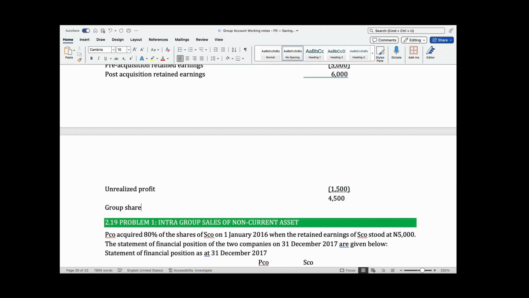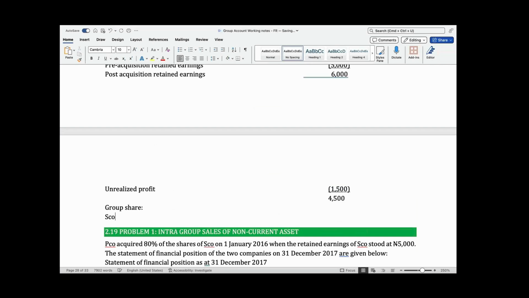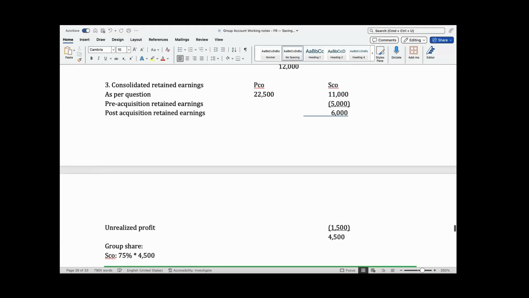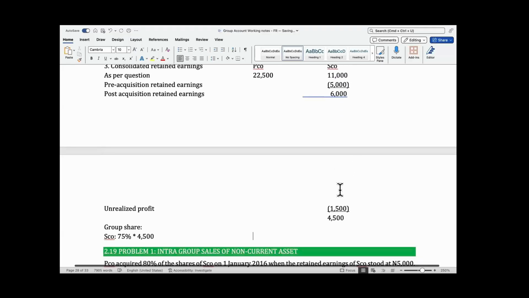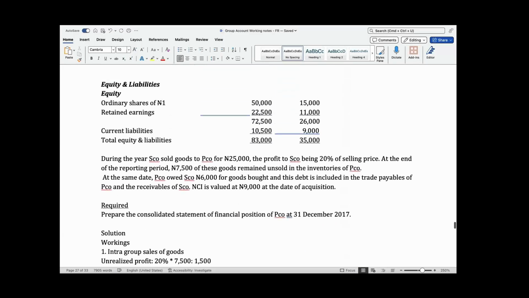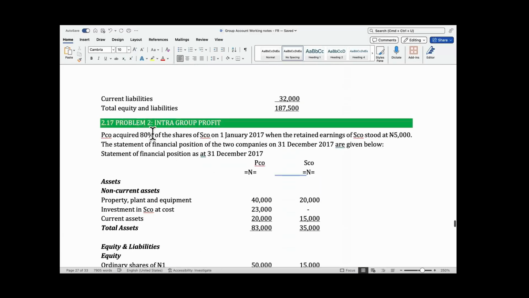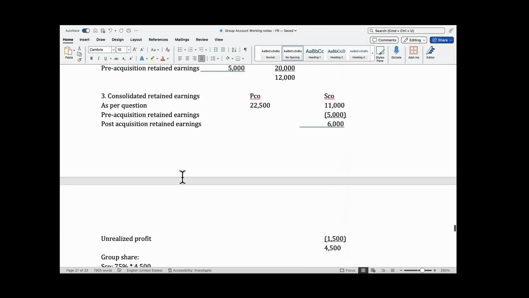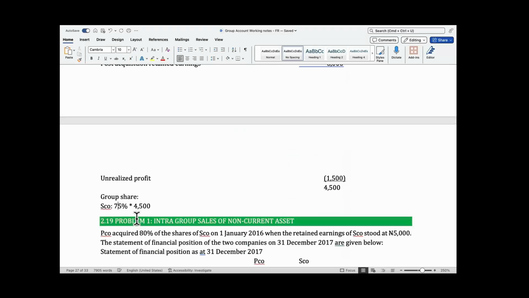So group share in ESCO, group is getting 75% times 4.5. How much does that give us? No, it's 80%. Do 80% of 4.5.